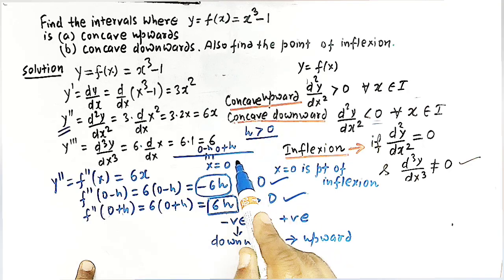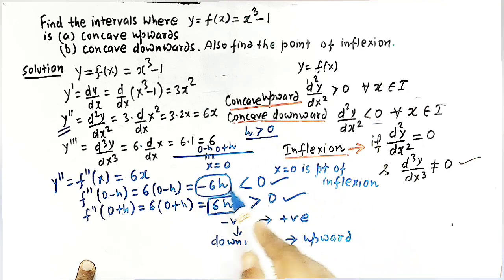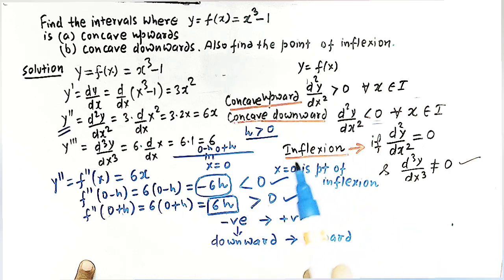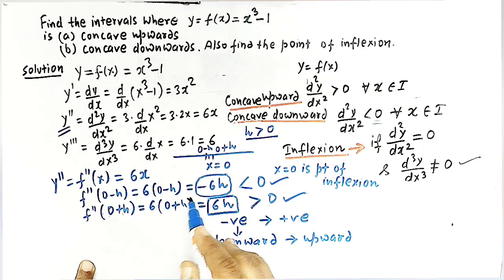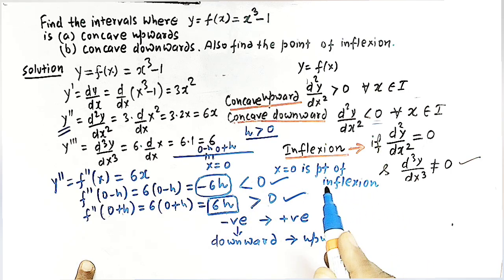That is, the concavity changes either from upward to downward or downward to upward, right? So the concavity of the curve implies how the curve bends, right? So here the concavity changes from negative to positive. That's why x is equal to 0 is a point of inflection, right?